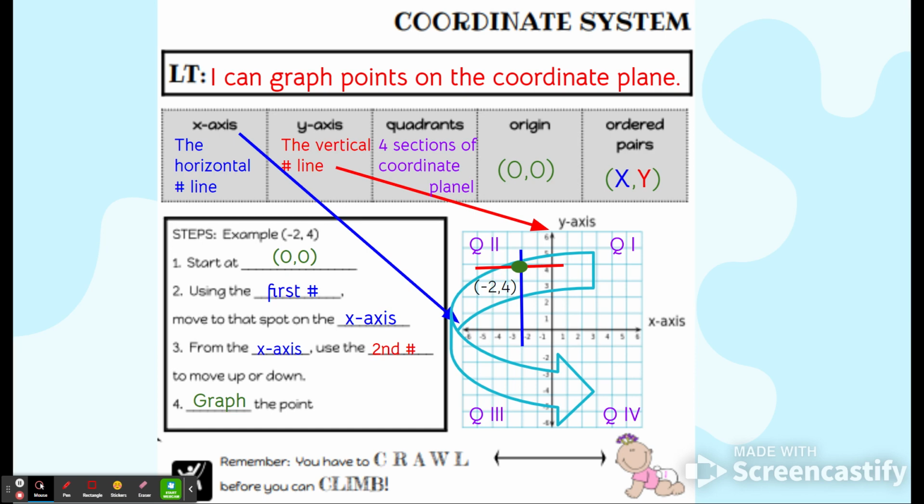Now, it's a pretty simple concept, especially because you guys probably have experience reading graphs. The hardest thing that students struggle with on this is knowing that the first number is the x-axis and the second number is the y, the up and down. If you can get that down, then most likely you'll be great at this and you'll be able to do it all.